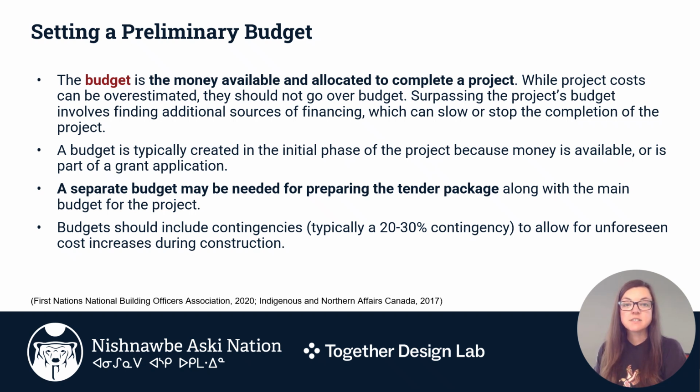A budget is typically created in the initial phase of the project because money is available or is part of a grant application. A separate budget may be needed for preparing the tendering package along with the main budget for the project. Budgets should include contingencies, typically about 20 to 30%, to allow for unforeseen cost increases during construction.